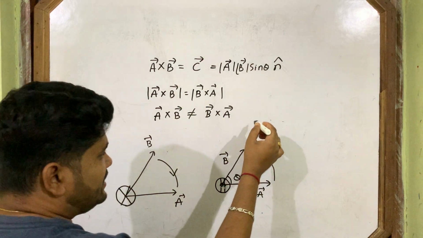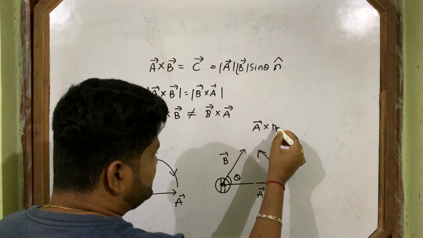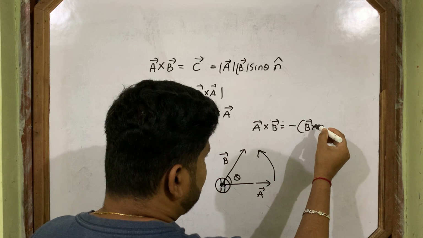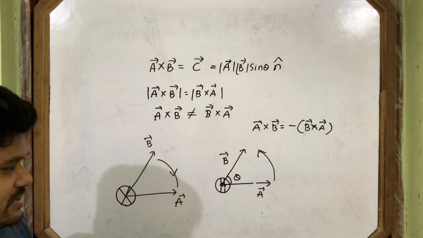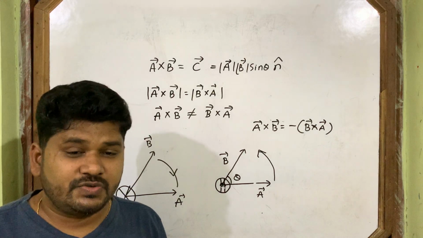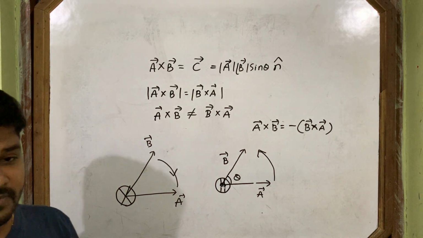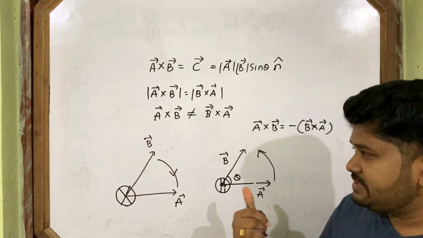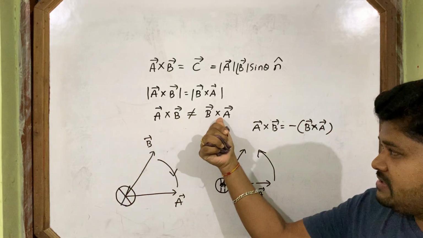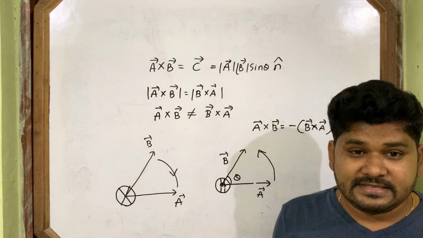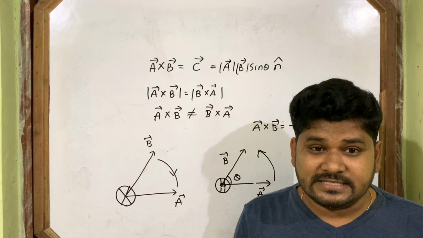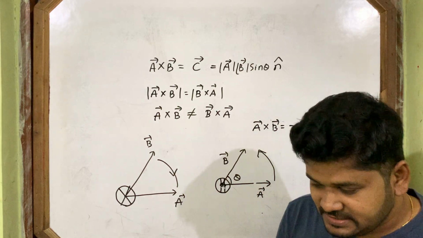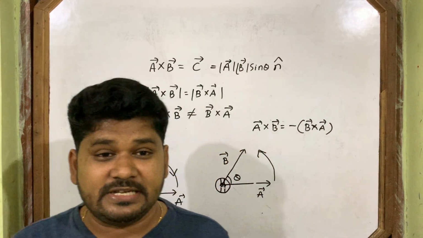Rather, what can we write? We can write A vector cross B vector is equal to minus of B vector cross A vector, minus because both are equal in magnitude and opposite in direction. So what concluding statement can we write here? A cross B is not equal to B cross A. The cross product is not commutative.